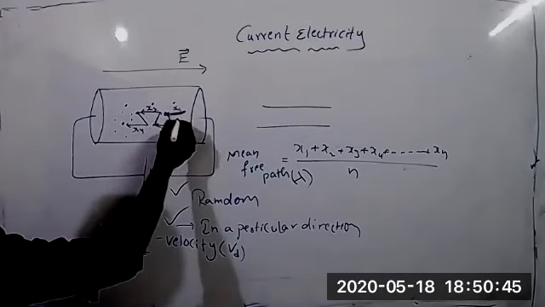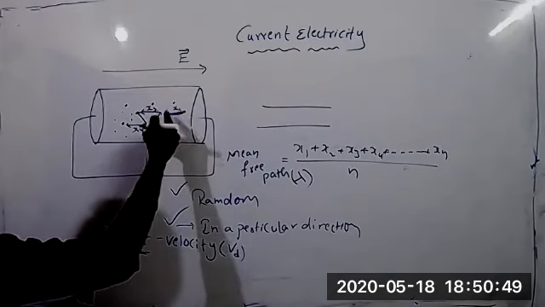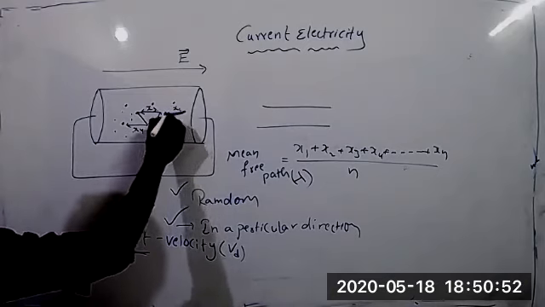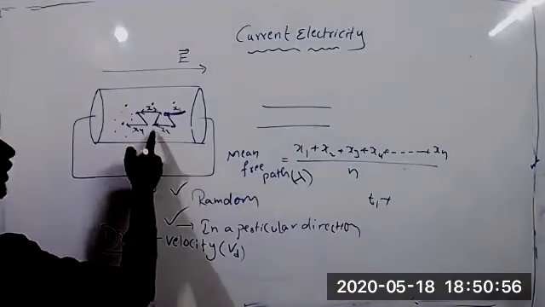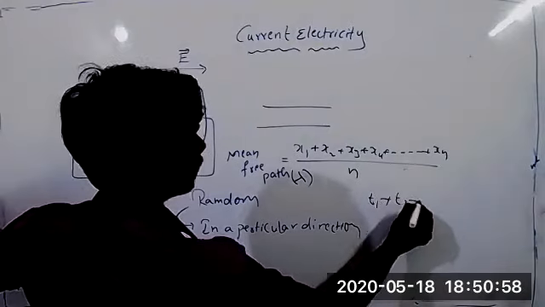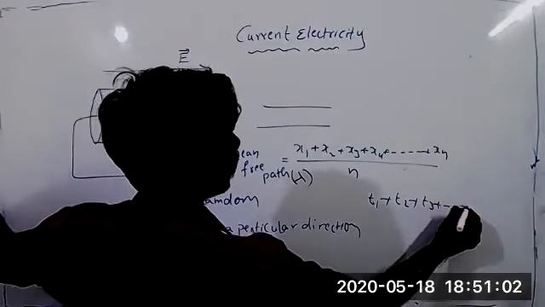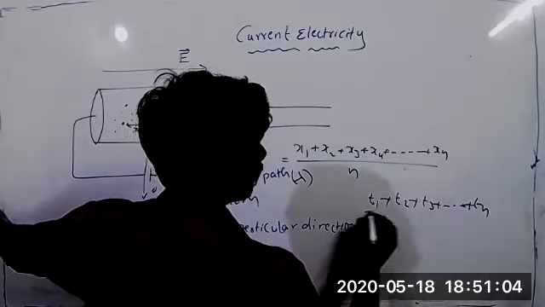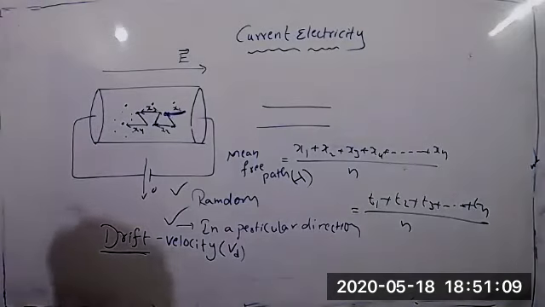There will be a certain time in which there is a free path, meaning there is no collision. To travel from here to here takes t1 time, from here to here t2 time, from here to here t3 time, and so on, plus tn, divided by n, is called relaxation time.